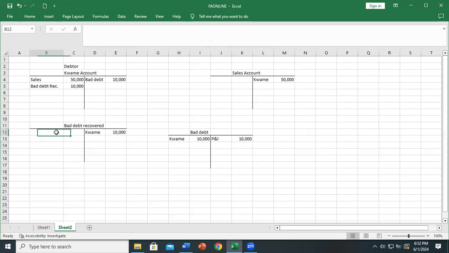So let me do it here. If you are moving it to the profit and loss account, you have to debit it. So profit and loss account, 10,000. Now the essence of this entry is that you are moving them into the profit and loss account. So if I open the profit and loss account, this is what is going to happen.